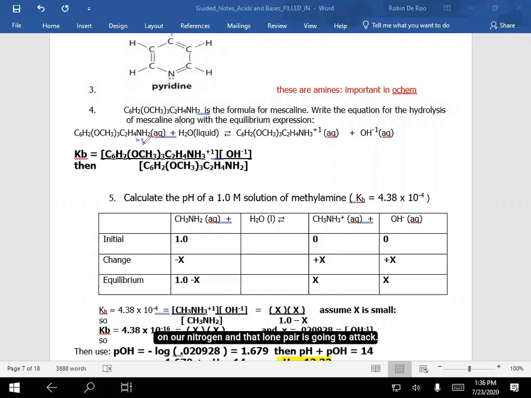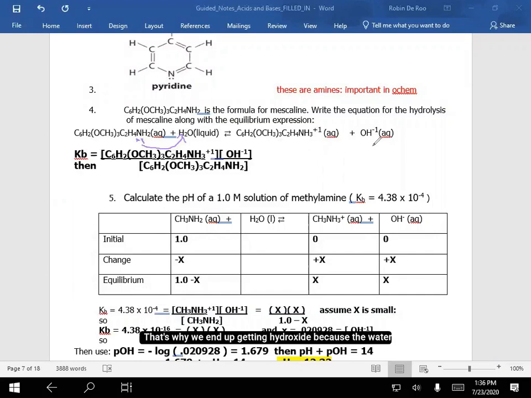And that lone pair is going to attack one of the hydrogens. Remember, water can act as an acid or a base. So in this case, we have to recognize the nitrogen is acting as a base. The lone pair of the nitrogen is attacking the hydrogen.